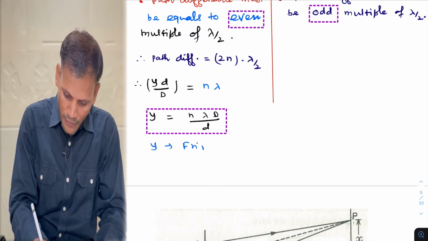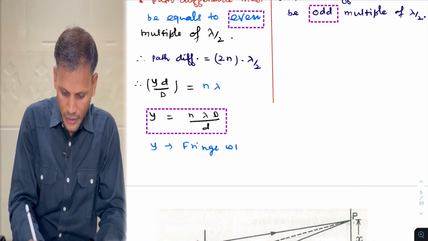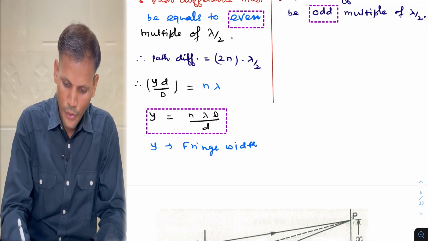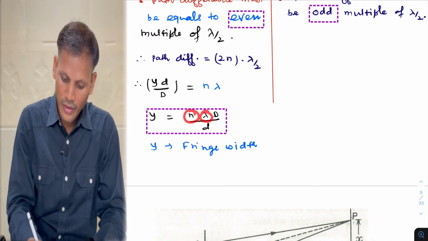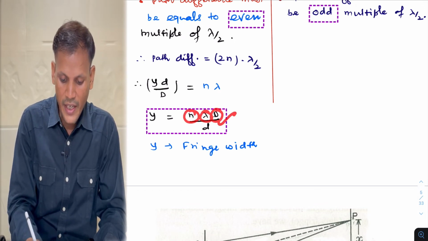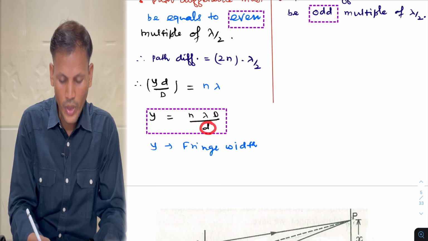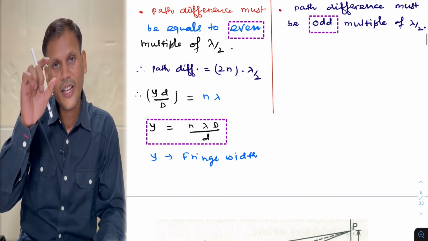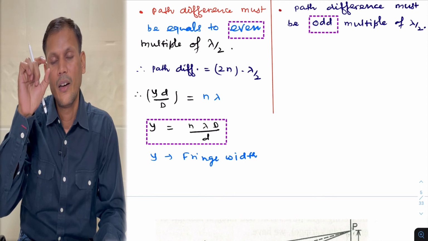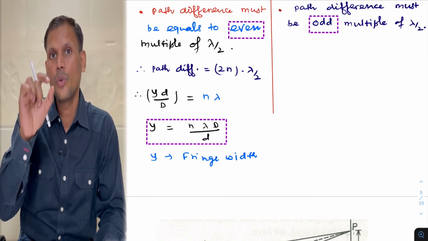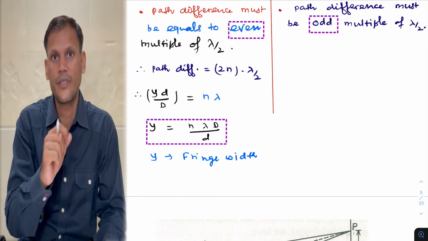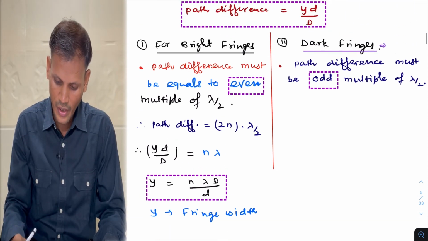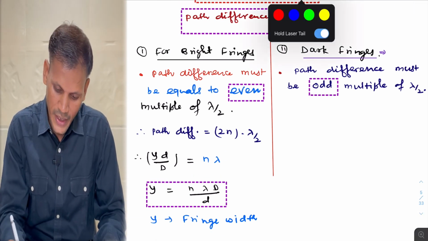Fringe width depends on wavelength, distance between slit and screen, and small d, which is the distance between two sources, that is, the distance between the two slits. Let us complete this part also.